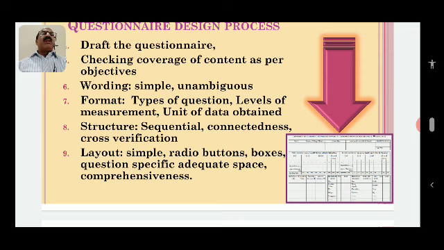Suppose some are saying land in acres, somebody is saying decimal, gunta. So there are different units. And sometimes those who are daily wage laborers will say per day income, so then you have to convert it into annual income.